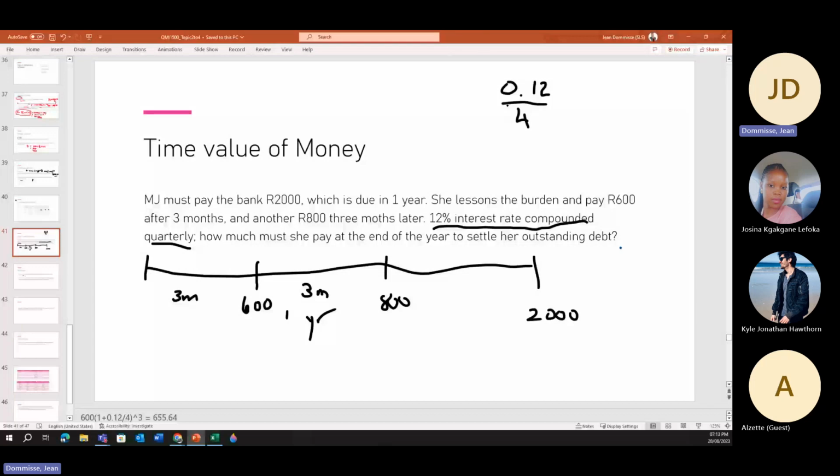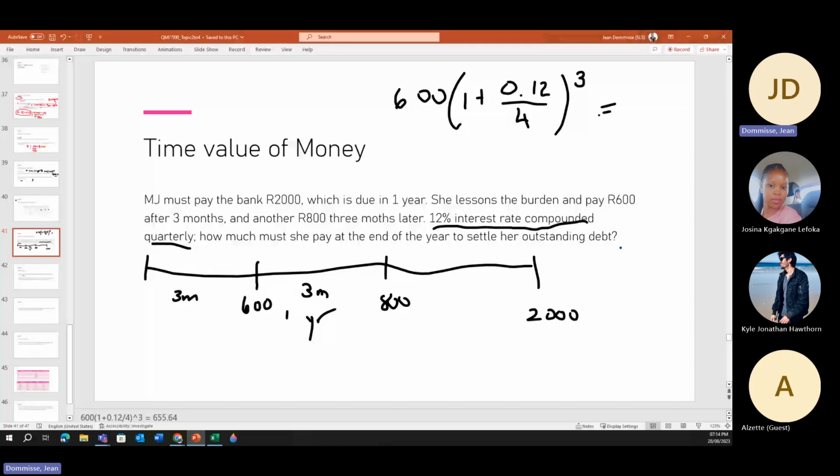Okay, so the first thing is there's 600 Rand that she paid off after 3 months. Let's work that out. We could have done it on Excel, but I want to show this so that we can see the timeline as well. So 0.12 divided by 4 gives you 0.03.